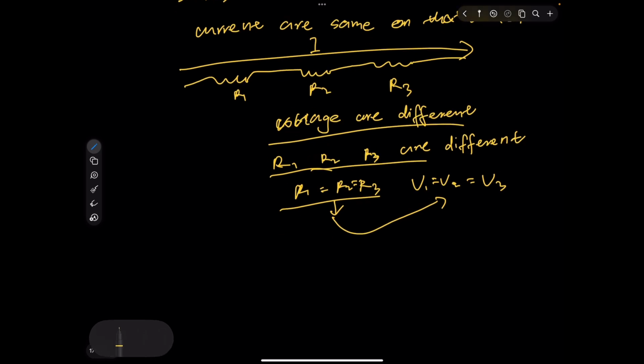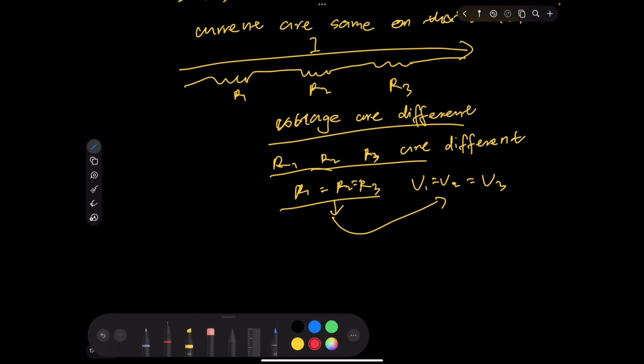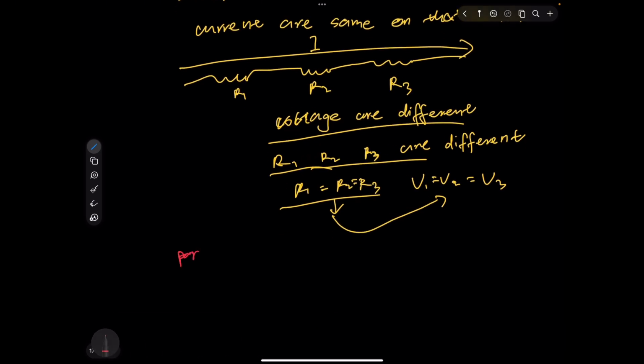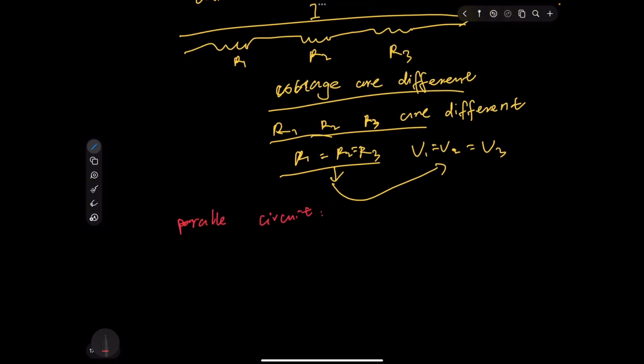So for the parallel circuit, the voltage is the same for each resistor.